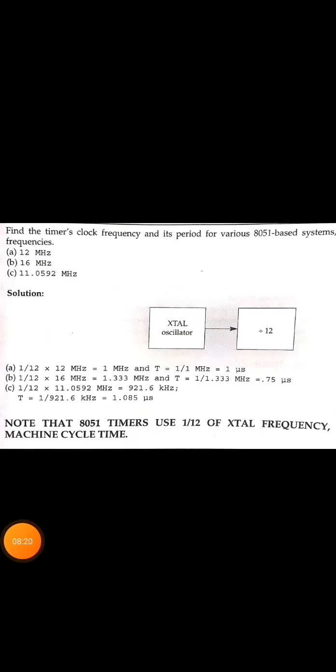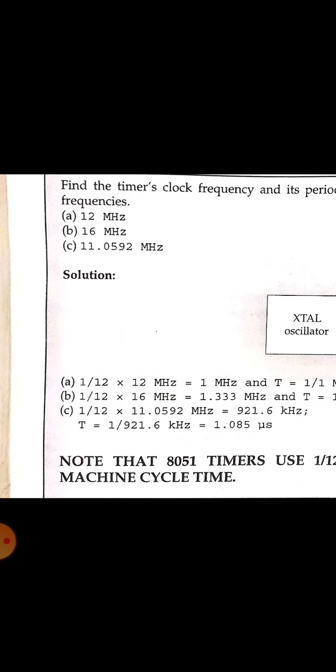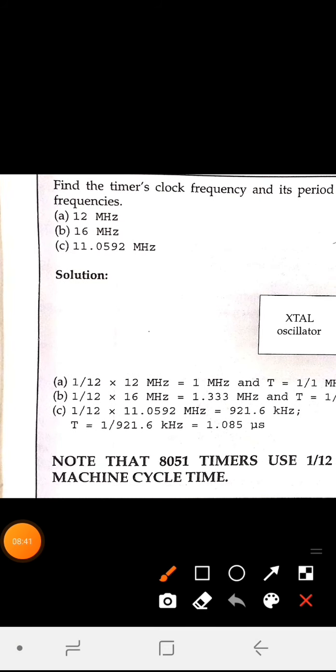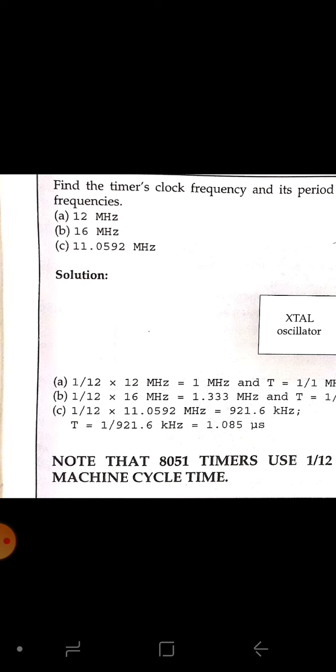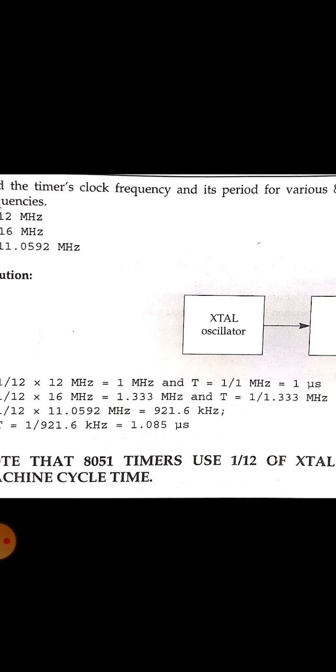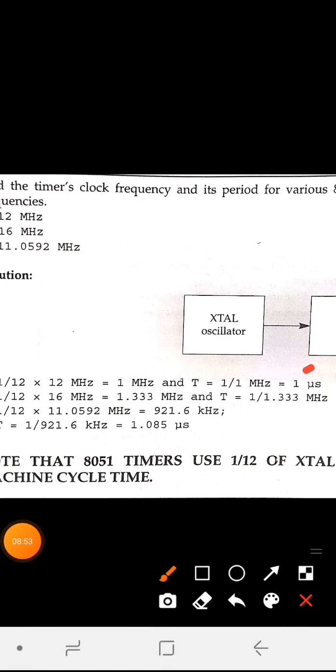Just now we said that the clock source for the timer is the crystal frequency of your 8051, which will always be 1/12 of the frequency of the crystal attached to the 8051. So this is an example where we find the timer's clock frequency and its period for various 8051 based systems. For example, for 12 megahertz, it is 1/12 of the crystal frequency, which equals 1 megahertz, whereas the period is T equal to 1 by f, which is 1 microsecond.